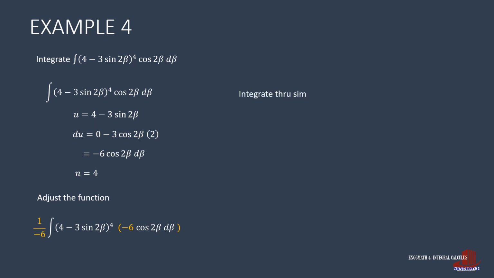Now, use simple power formula to have negative 1/6 times the quantity of 4 minus 3 sine of 2 beta raised to 4 plus 1 over 4 plus 1 plus c. Simplify the addends and have the final antiderivative as negative 1/30th of the quantity 4 minus 3 sine of 2 beta raised to 5 plus c.